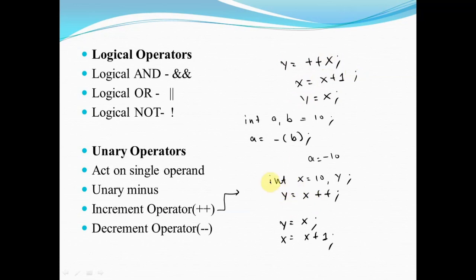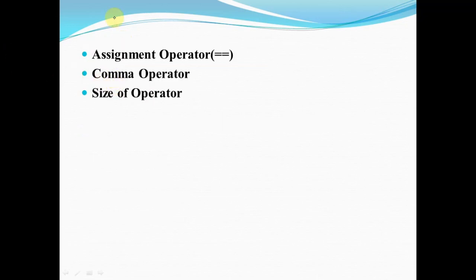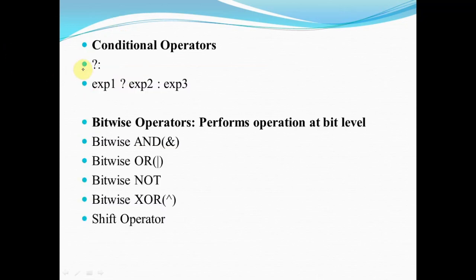Next comes the conditional operator, which is represented by a question mark and a colon. So here is a simple example. In this case, expression 1 is evaluated first, and if this expression is true, then only expression 2 will be evaluated and become the result of the expression.